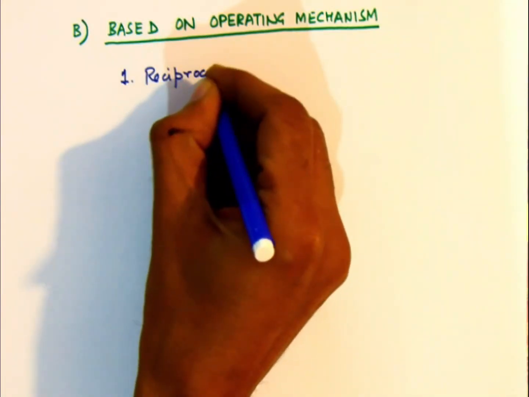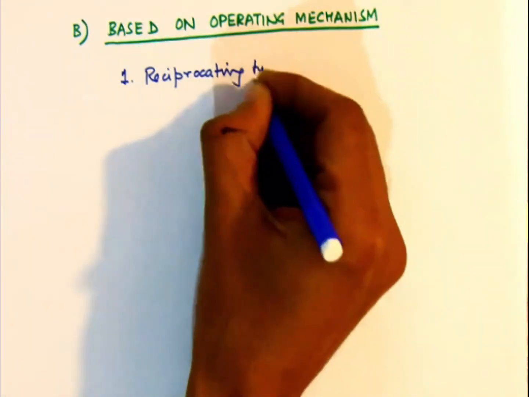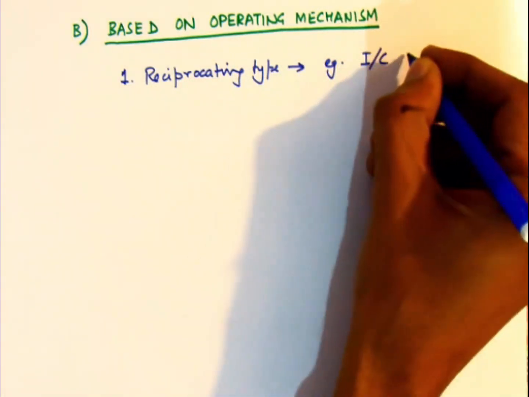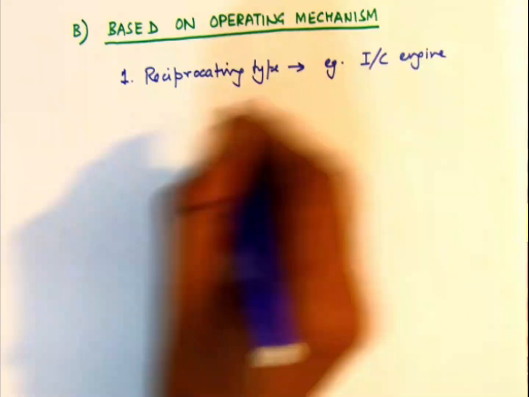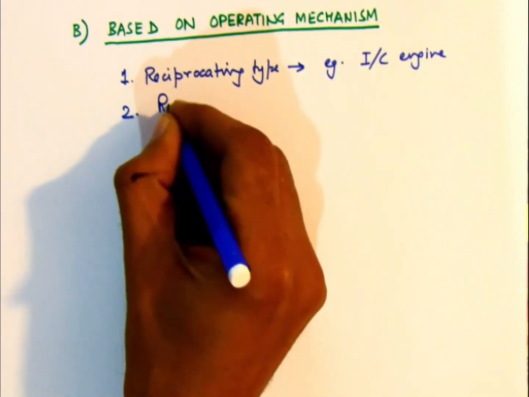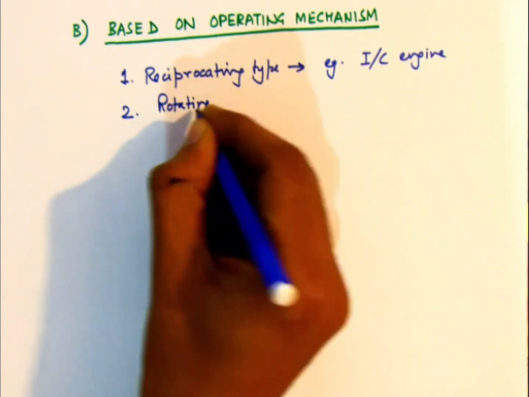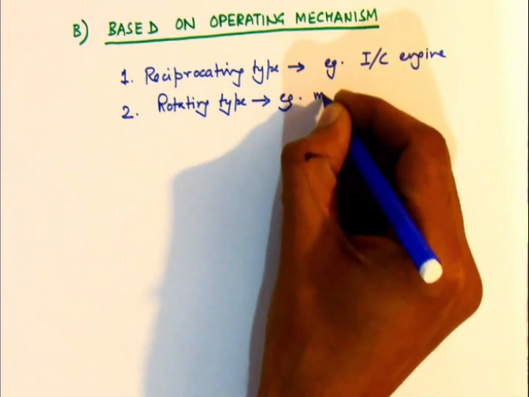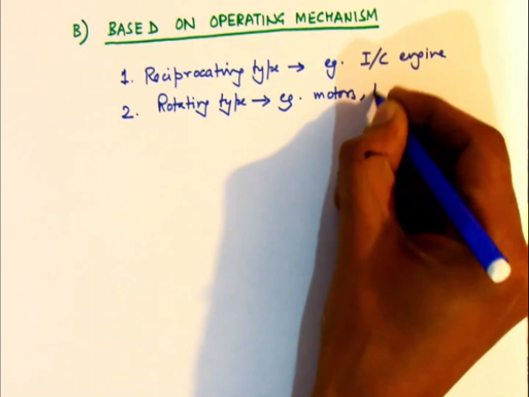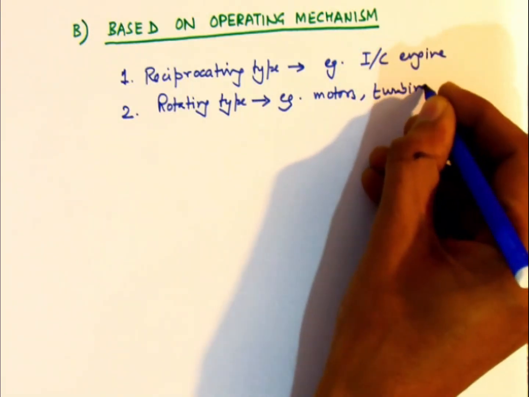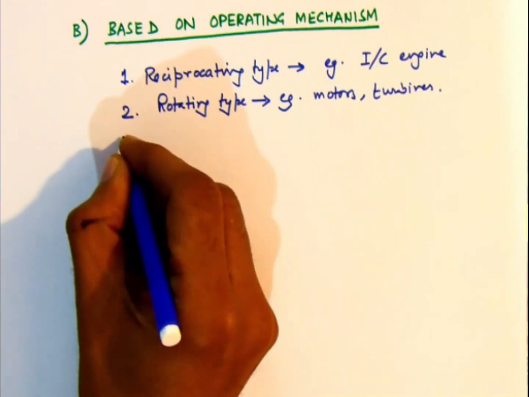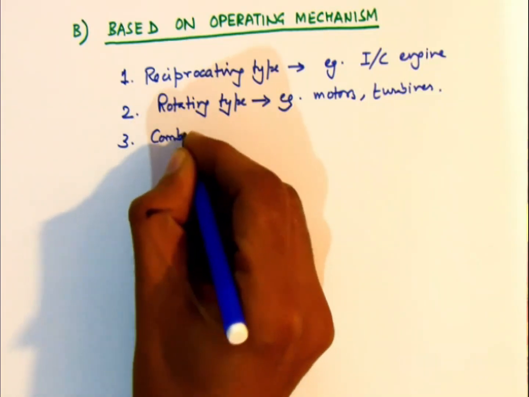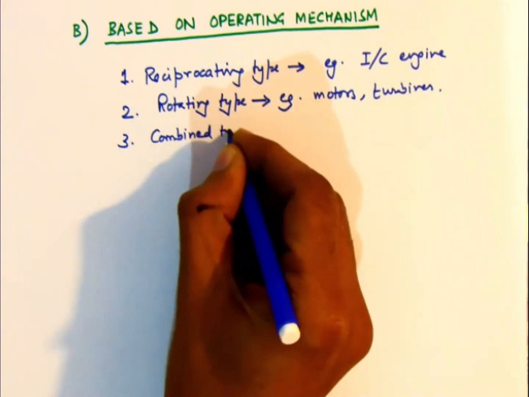In this category, we may have reciprocating machines, for example, the internal combustion engines, so they have piston mechanism, or we can have rotating type machines, for example, motors and turbines, or we can have a combined type machine where both the reciprocating and rotating components are there.